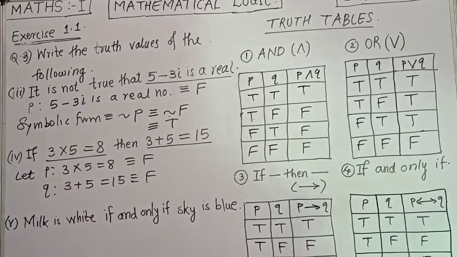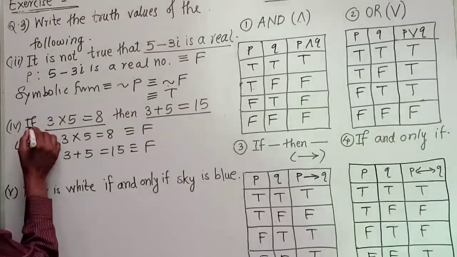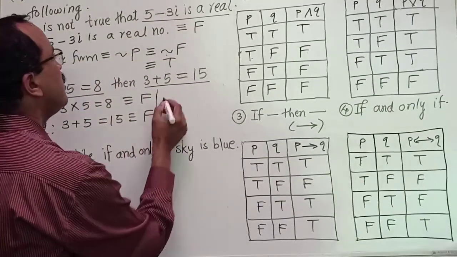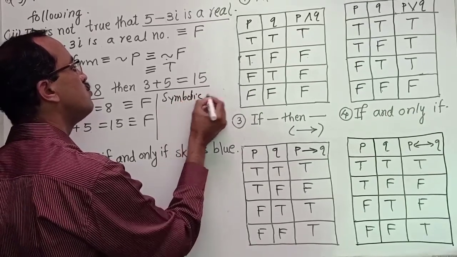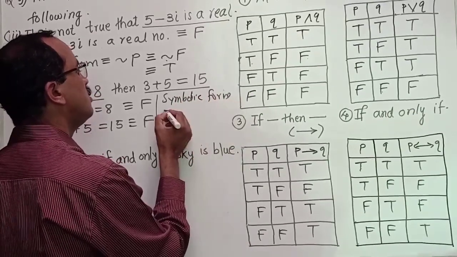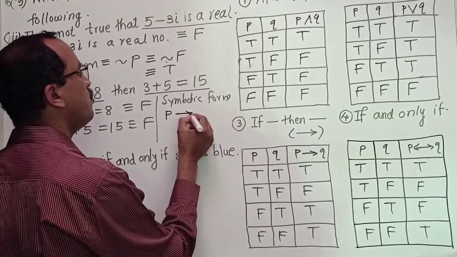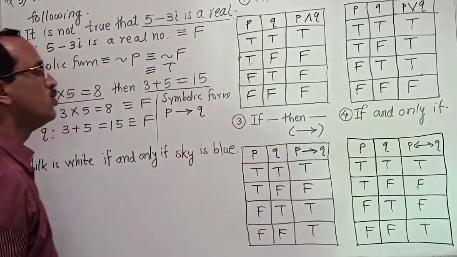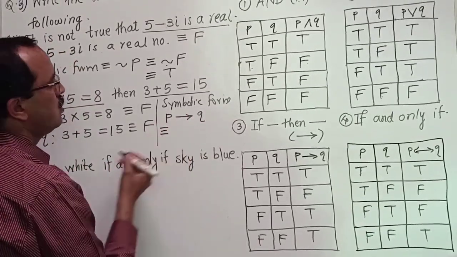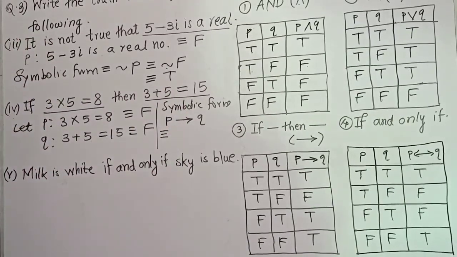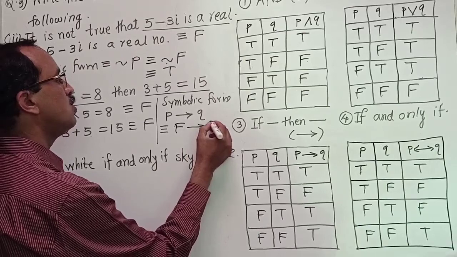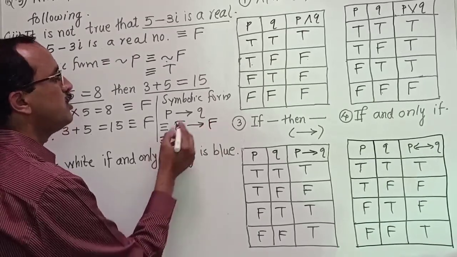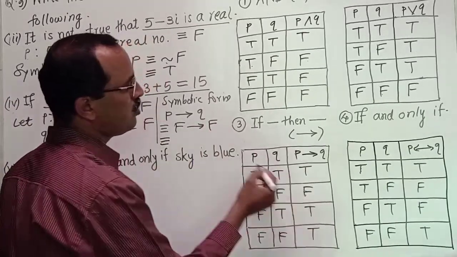So it is also a false statement, and the logical connective is if then. So we write here the symbolic form as P implies Q. If P then Q. So the answer of this total resultant statement: P means F, implies Q means also F. We use the if then truth table here.